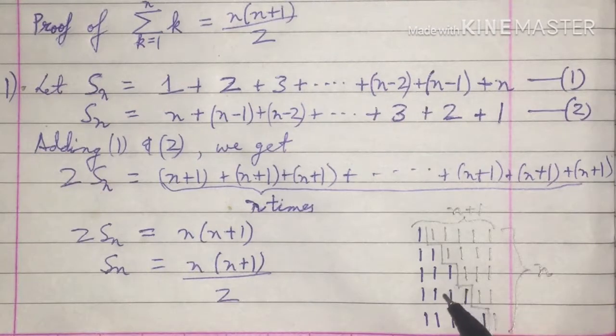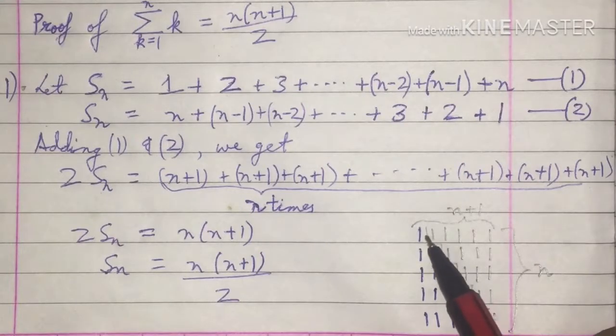Now geometrically it can be shown in this manner. If I want to find the sum of the first n natural numbers, 1 plus 2 plus 3 plus 4 plus 5, I'll stop at 5 to show it in the figure. And then I want to show twice of Sn, so I'll again show 1 plus 2 plus 3 plus 4 plus 5.